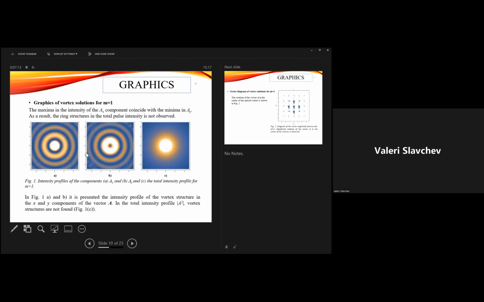In figures 1 and 2, we have optical structures which are specific for this kind of vortices, and they have ring structures, but they are obtained only in the components of the vector amplitude function, as you can see, A and B. But in the total intensity profile, these optical structures disappear because there is a superposition of the two components.